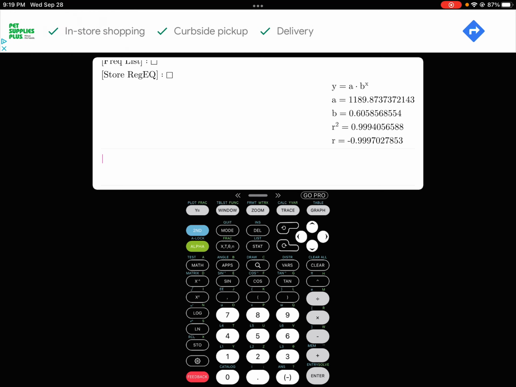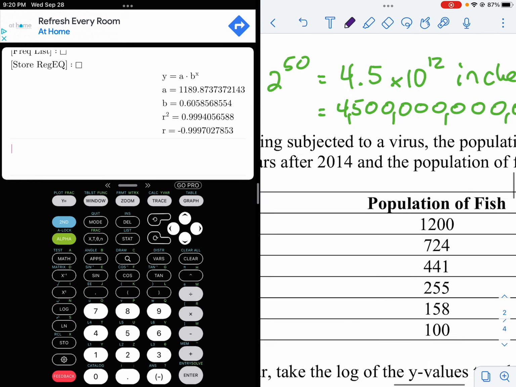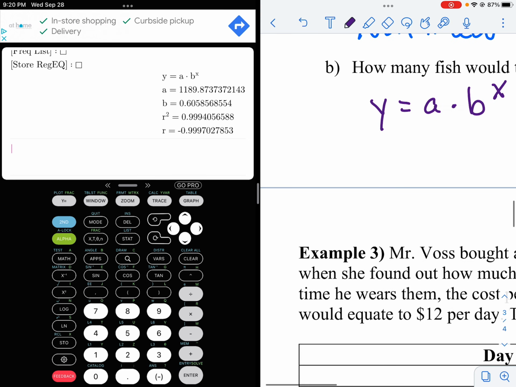And I can see that I get y equals a times b to the x, where y is the population of fish.